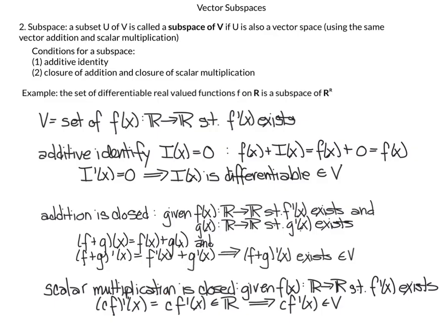So c times f of x is in R, and f prime of x exists, so c times f prime of x also exists, and it is in V. So we have shown our three properties hold, and therefore our subset V is a subspace. What we have shown is that the set of differentiable real-valued functions f on R has the additive identity, addition is closed, scalar multiplication is closed, and therefore this set is a subspace of R^R.